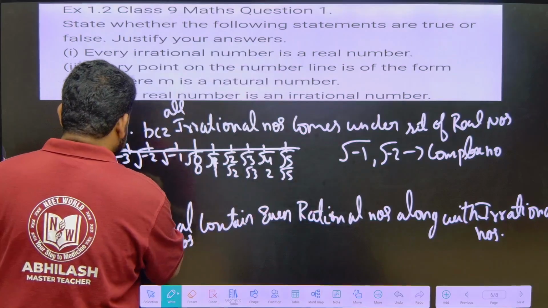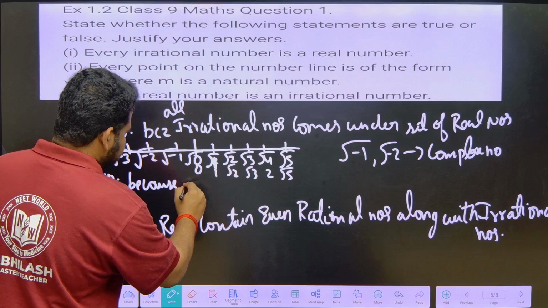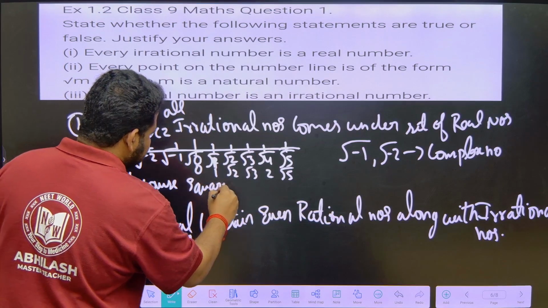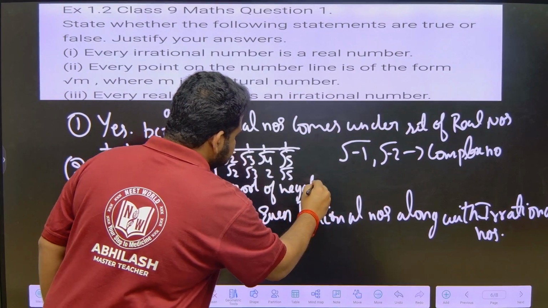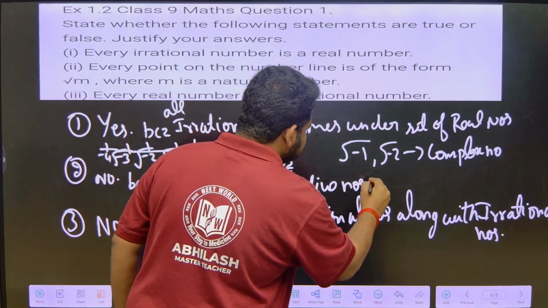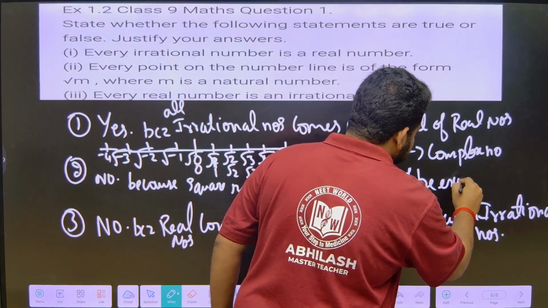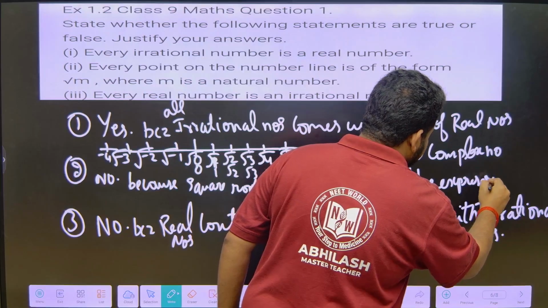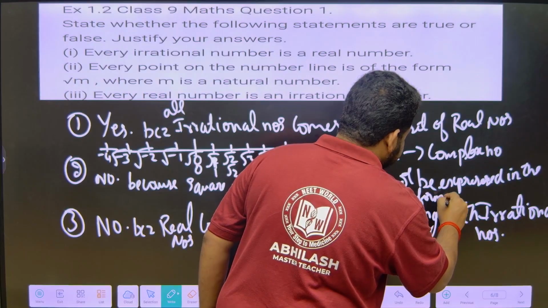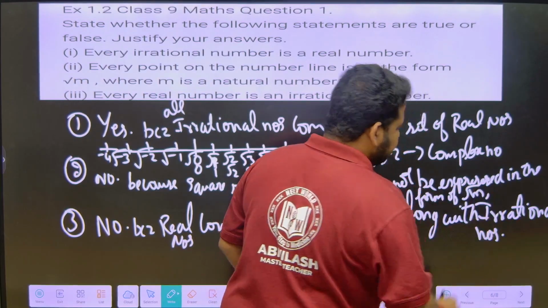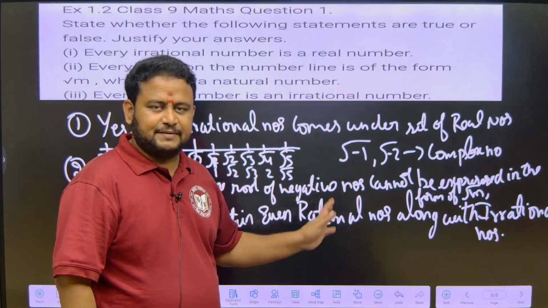No, because square root of negative numbers cannot be expressed in the form of square root of m, where m is a natural number.